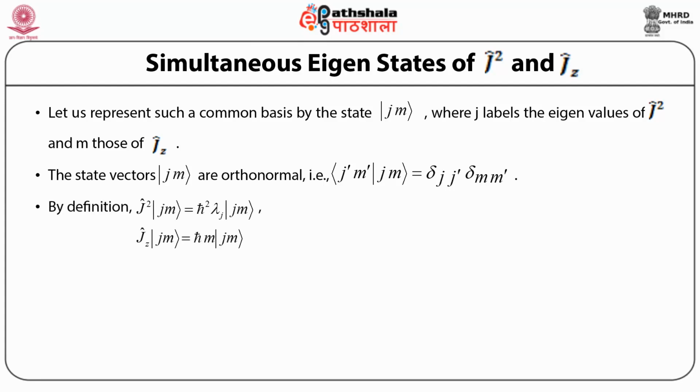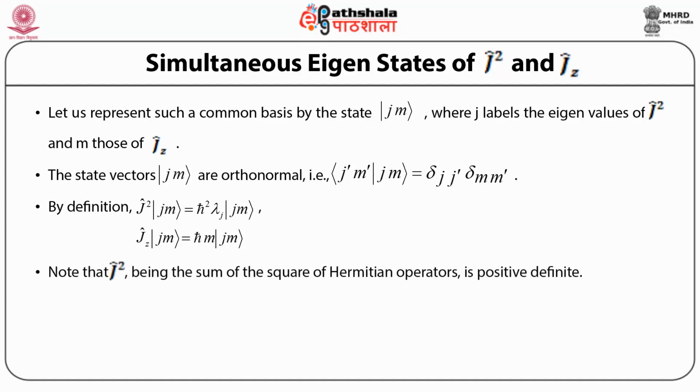By definition, J²|jm⟩ = ħ²λj|jm⟩. Similarly, Jz|jm⟩ = ħm|jm⟩.